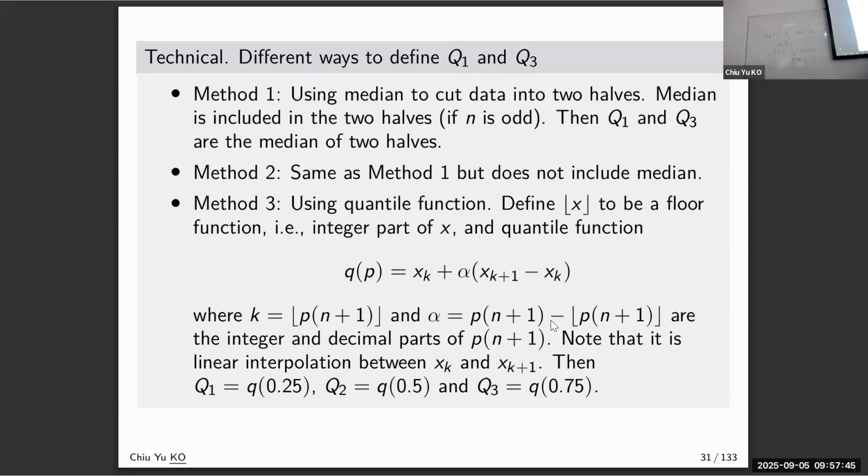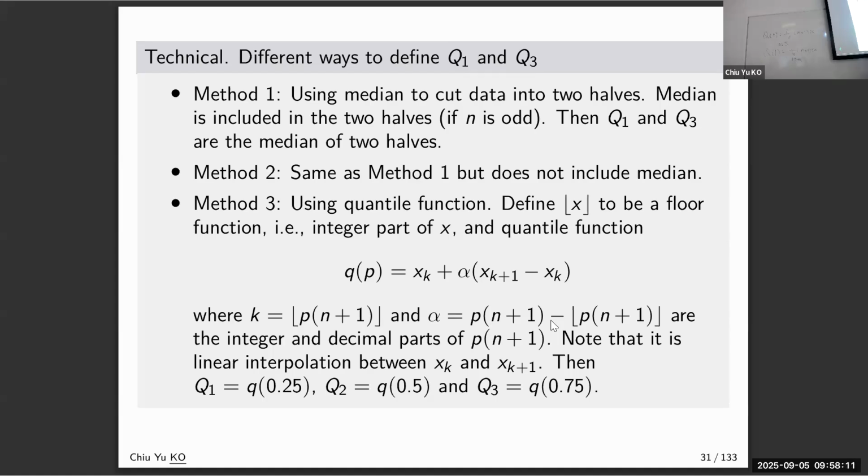Of course, 1.5 means it's halfway between 1 and 2, so you can easily do it by averaging the first and second data. But what we're actually doing is picking the first data plus halfway between 1 and 2.